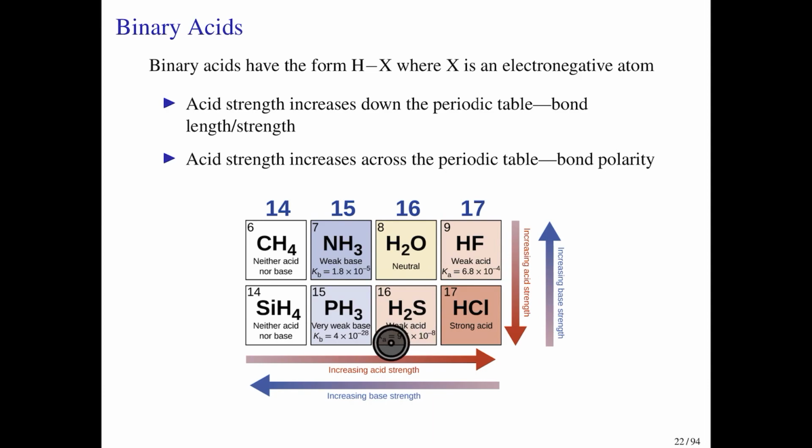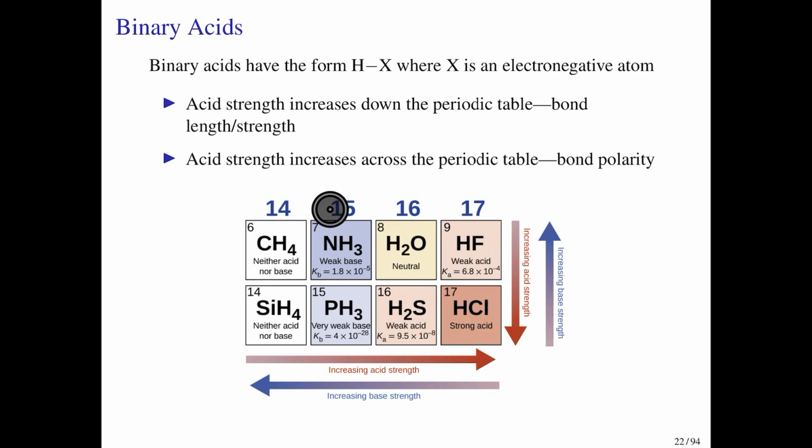Now, when you're comparing two acids in the same row, the bond length strength criterion doesn't really matter, and that's because atoms within the same period of the periodic table have roughly the same size. That is, a fluorine atom is roughly the same size as an oxygen atom, which is roughly the same size as a nitrogen atom.